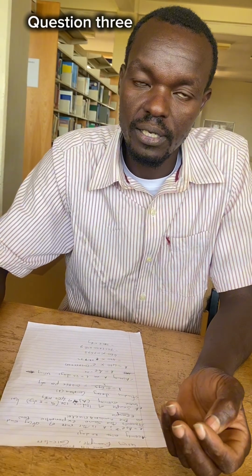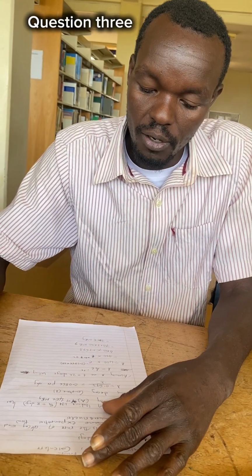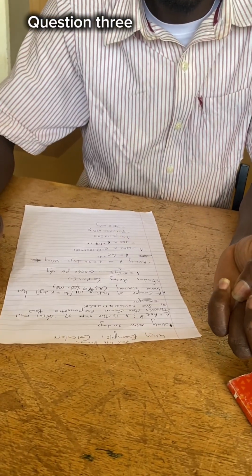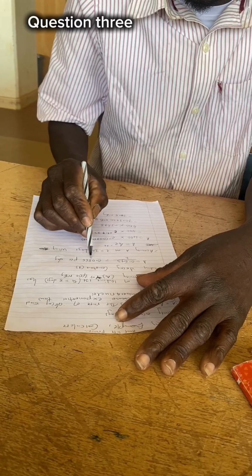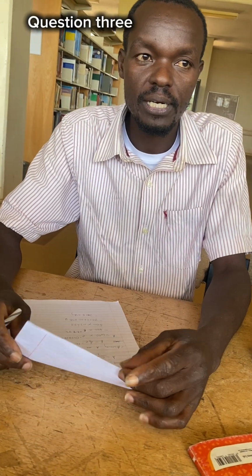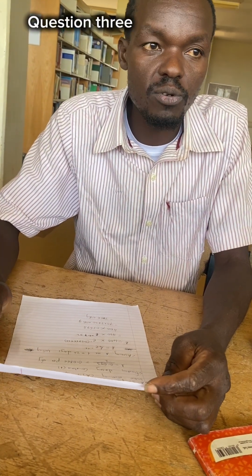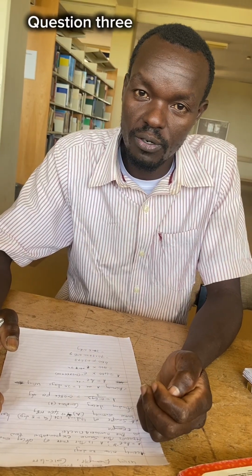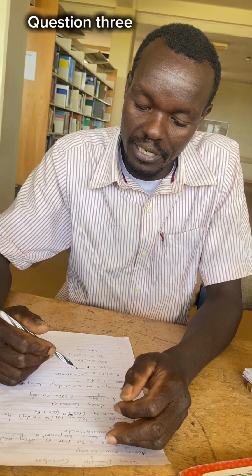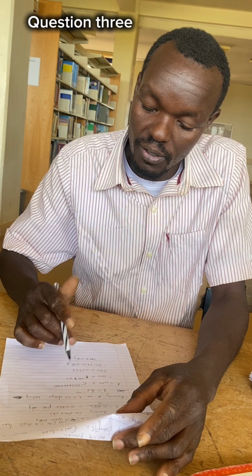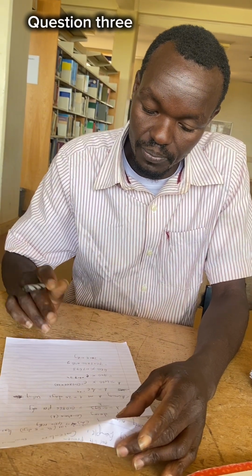Finding the decay constant: lambda equals 0.693 divided by 8, giving us 0.0866 per day. We then use the activity A at t equals 20 days, using A equals A0 e^(-λt). A equals 400 multiplied by exponential of negative 0.0866 multiplied by 20.